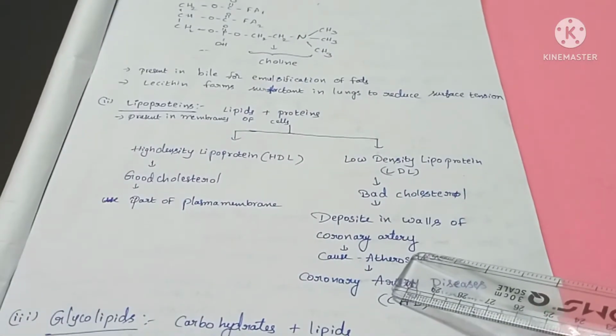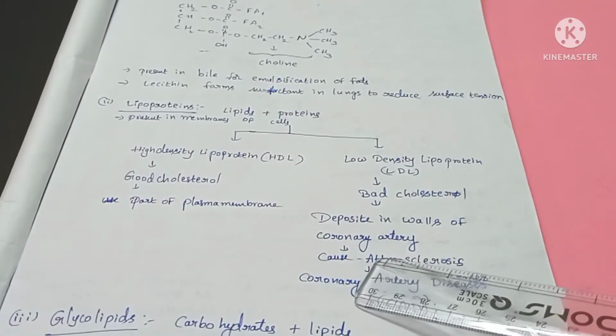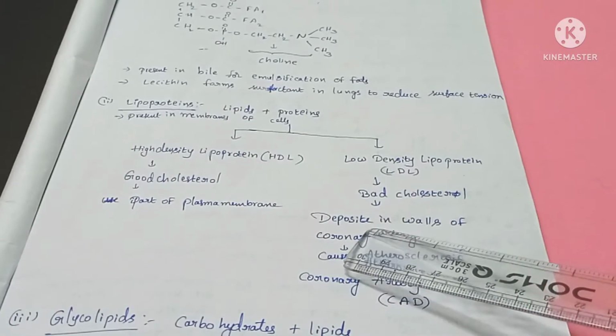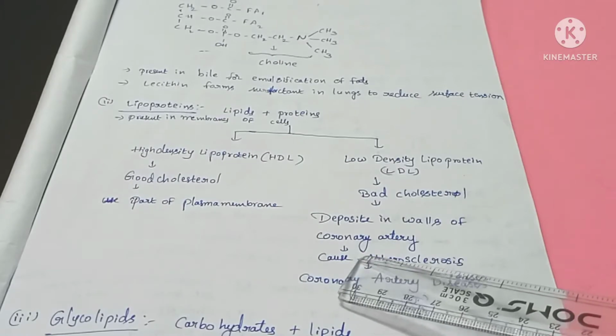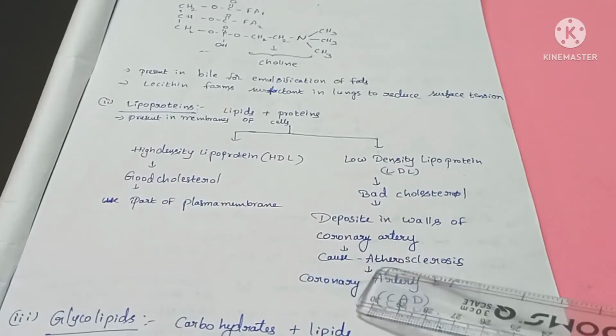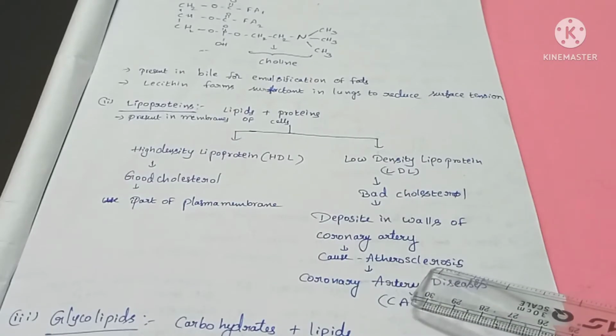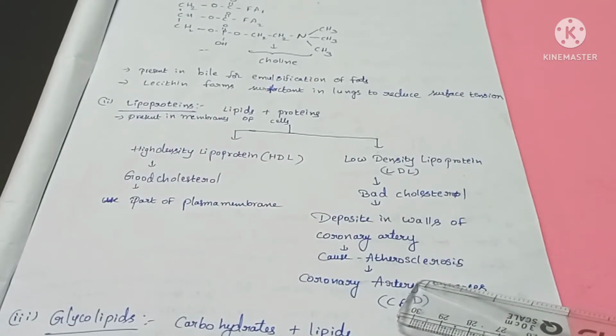What is the coronary artery? This is the artery which supplies blood to the heart, and this bad cholesterol or LDL will deposit in the coronary artery, forming blockages and causing a disease called atherosclerosis.